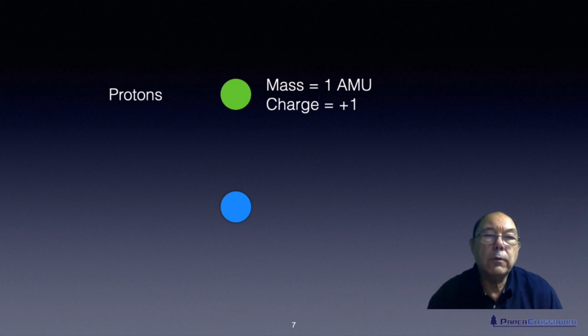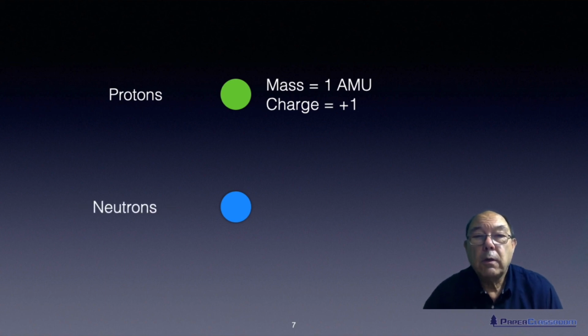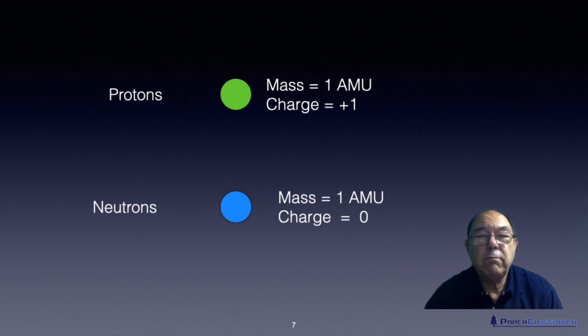When we get down to the subatomic level, there's nothing to compare it against really. So we took the weight of 1 proton and said, right, that's 1 atomic mass unit. We'll compare everything else to that. When we came to neutrons, we found that it weighed almost exactly the same as a proton, so that's 1 atomic mass unit.